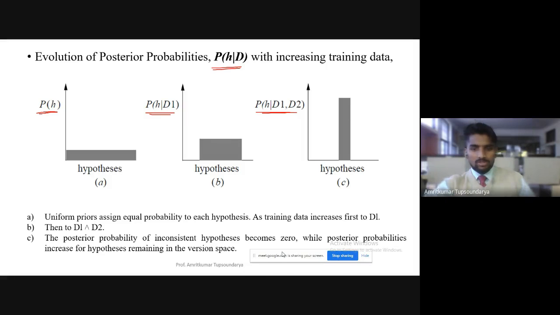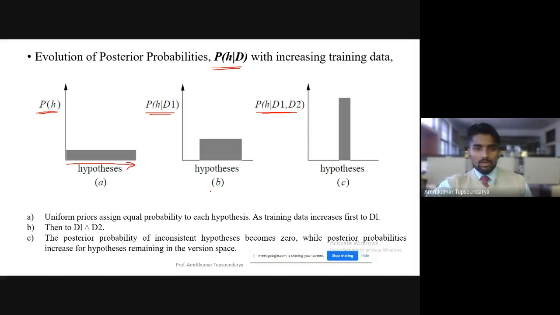It is in a range, or you can say it is uniform. So this particular diagram represents that the uniform priors assign equal probability for all the hypotheses. Whatever the number of hypotheses we have, it will assign equal probability to each hypothesis.